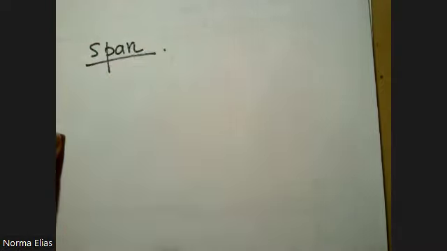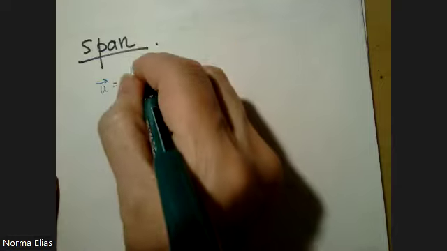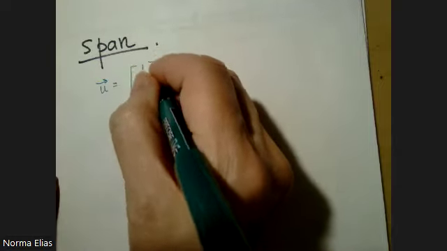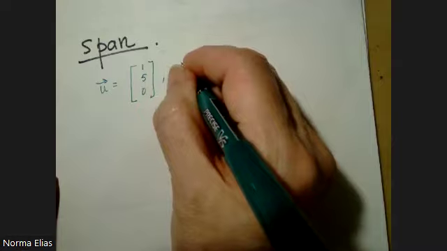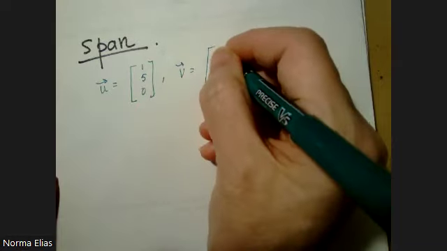So span. Suppose I take any two vectors, let us say U is 1, 5, 0 and V is 2, 5, 2. Nothing special about my vectors, just a bunch of vectors.